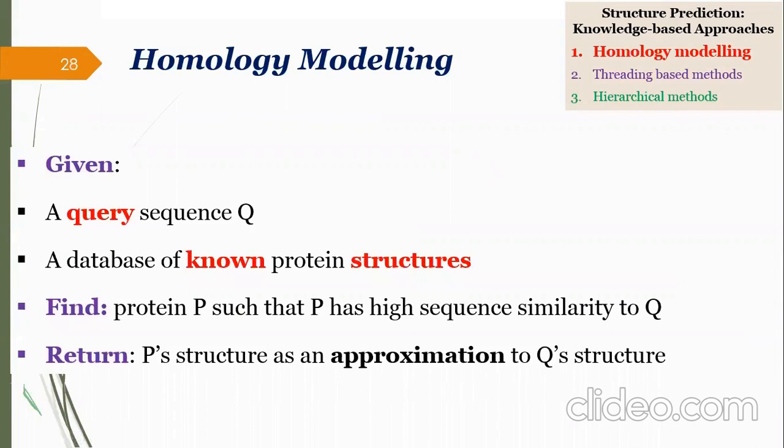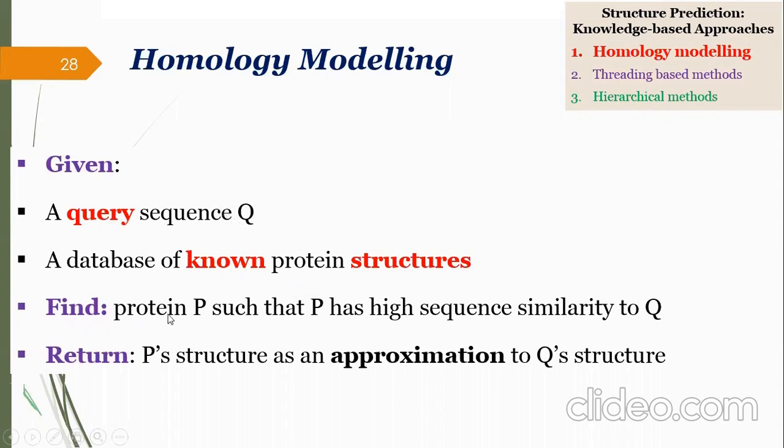In homology modeling, what is given is a query sequence, which will be named Q. We will be given a database of known protein structures, like the PDB, the protein structure database, which already has protein structures, and we will have a query. So these two things we already have.